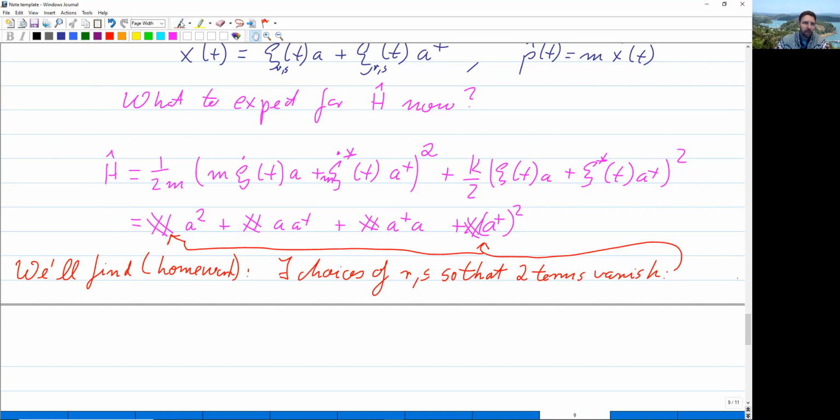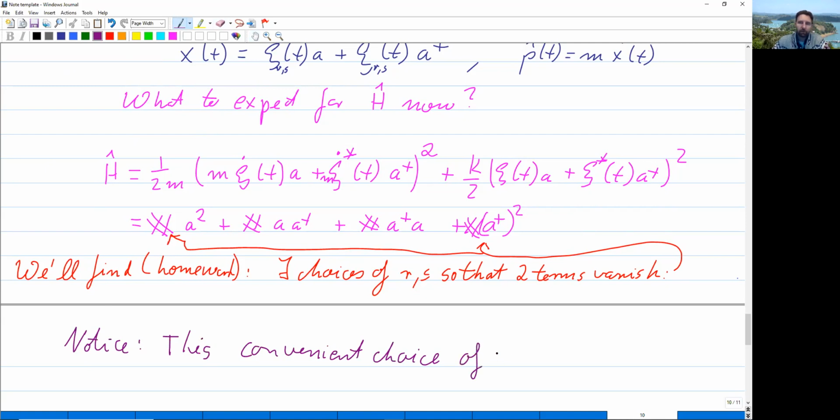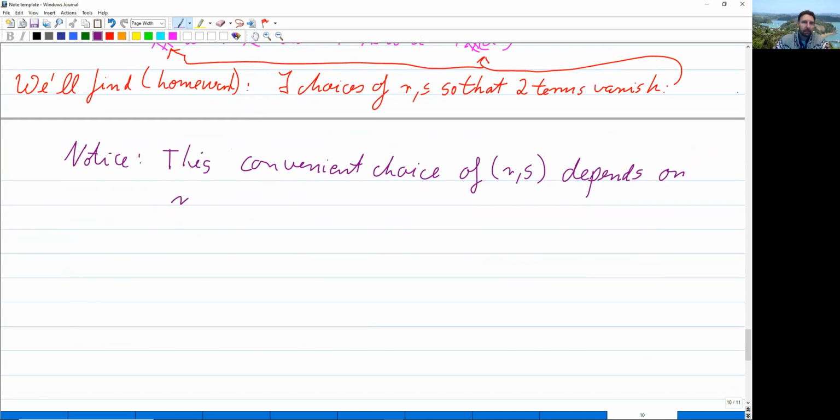So notice this convenient choice of R and S depends on M and K of the harmonic oscillator.